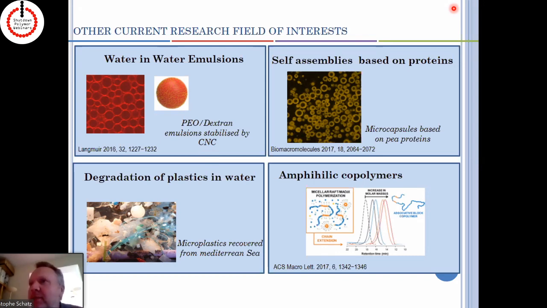So next question from YouTube also. Merci Christophe. It was a nice talk. The question: how did you manage to dye only your hydrogel for confocal analysis? Okay. Here we just use rhodamine, and rhodamine is soluble inside the hydrophobic patch of your polymer.